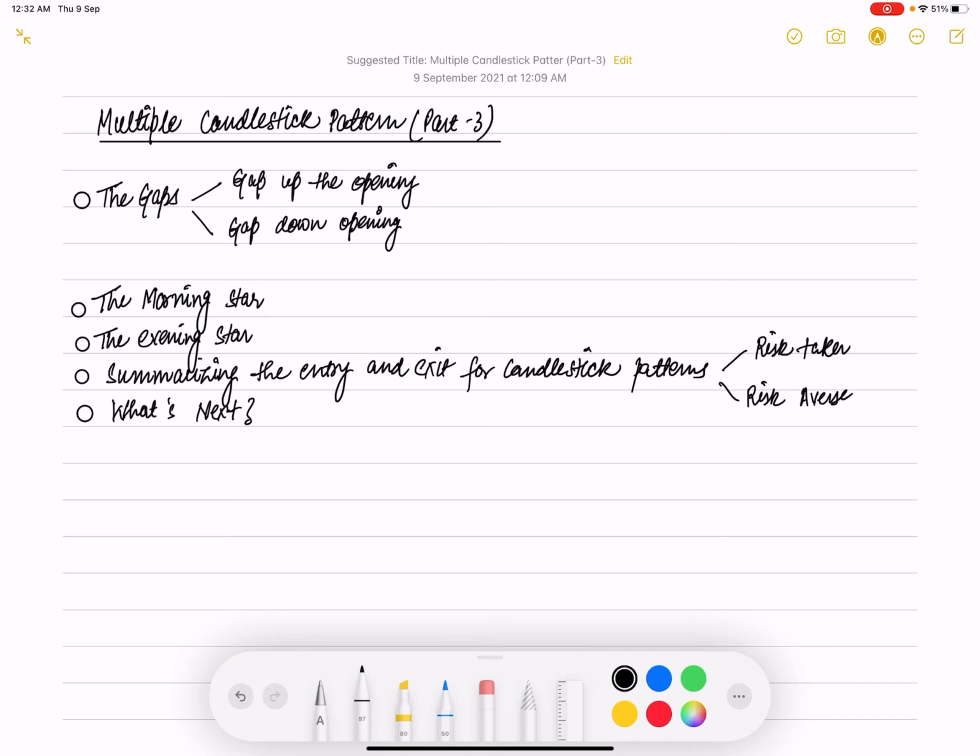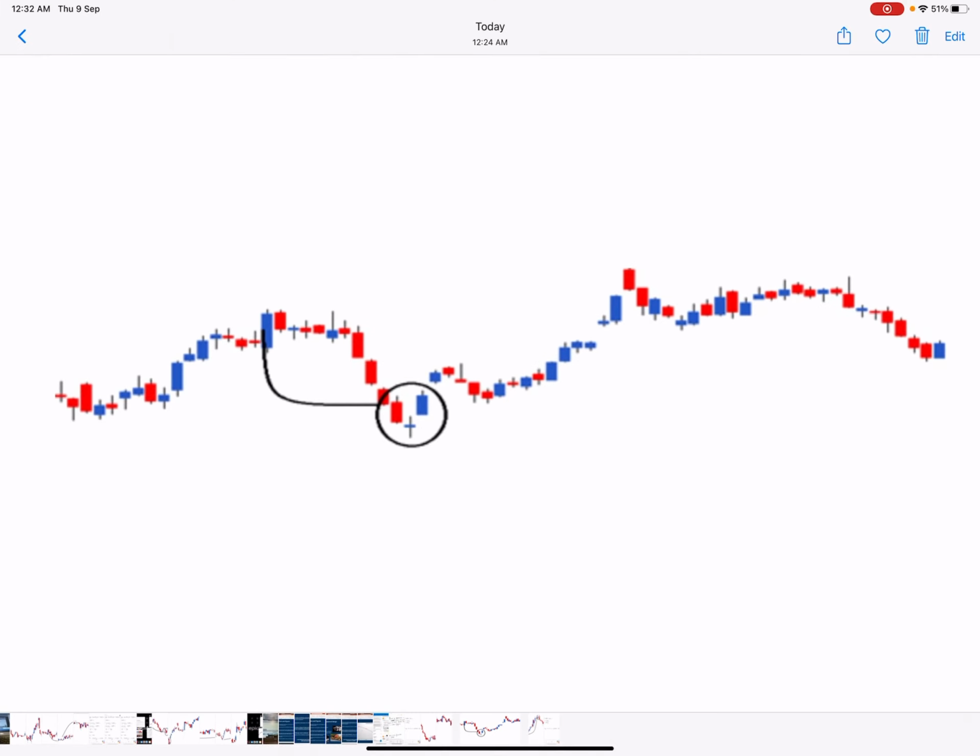On the third day of the pattern, P3, the stock opens with a gap followed by a blue candle that manages to close above P1's red candle opening. So, in the absence of the P2 doji or spinning top, it would have appeared as though P1 and P3 form a bullish engulfing pattern.